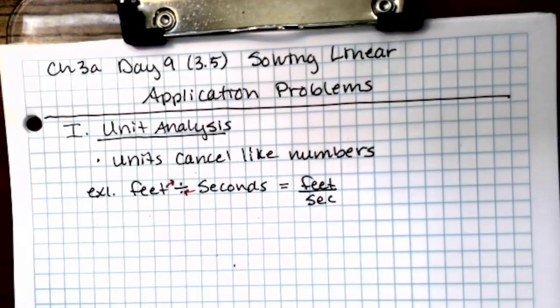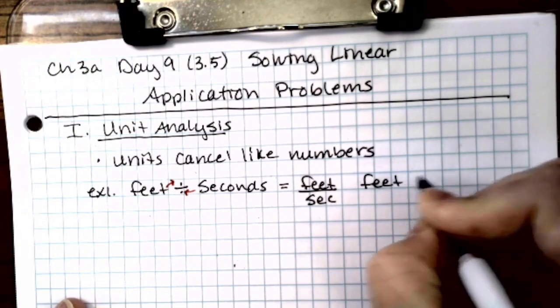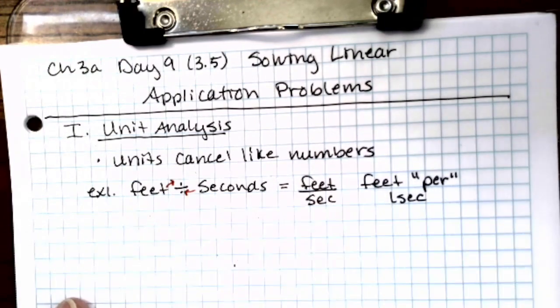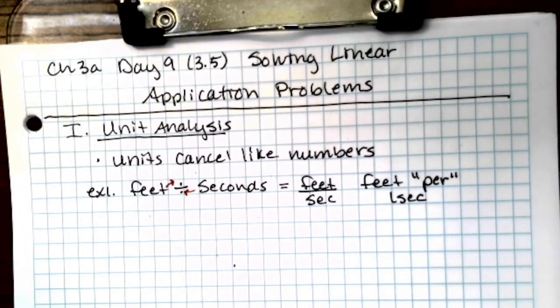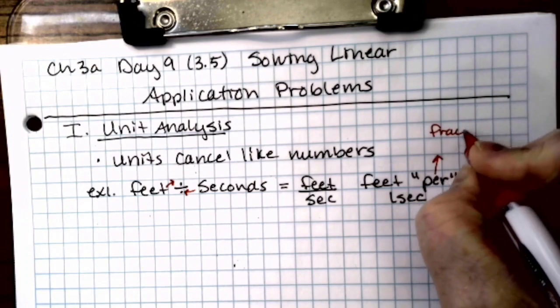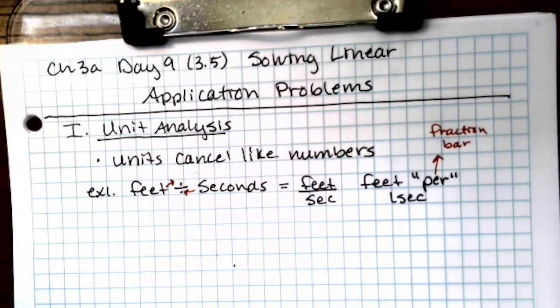Now, most of the time you're looking for a unit rate, so it would be feet per 1 second. And the word per in mathematics most of the time refers to the fraction bar. So that's how you set up a basic set of units from division.